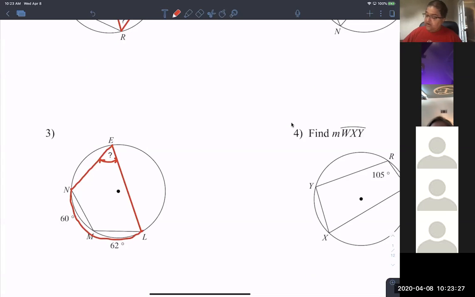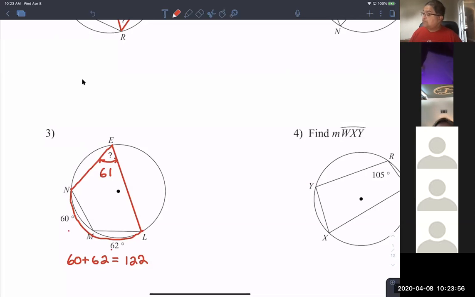And the associated arc is 60 plus 62, which is? 122. Okay. So what does that make the angle? 61. Good. Make sense? Yeah. Okay.